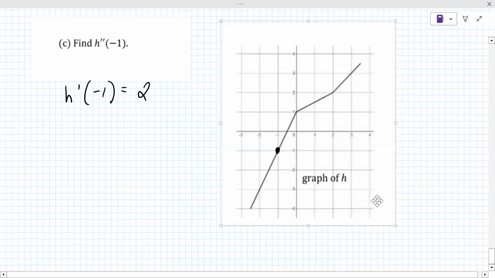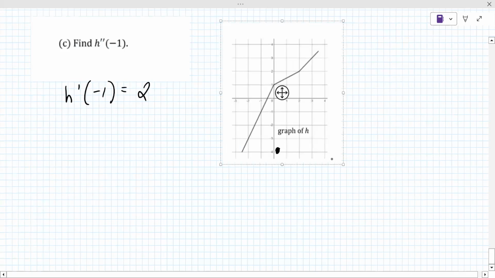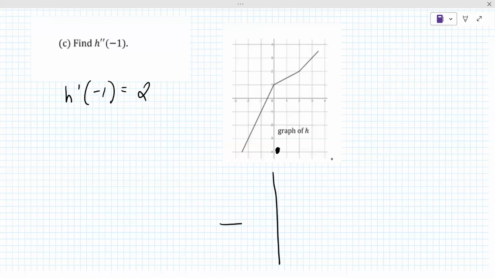So how do you do that? Well, you have to be able to graph the derivative. So if this is h, the graph of h prime looks like this. Its derivative is 2, so the slope looks like this at 2.